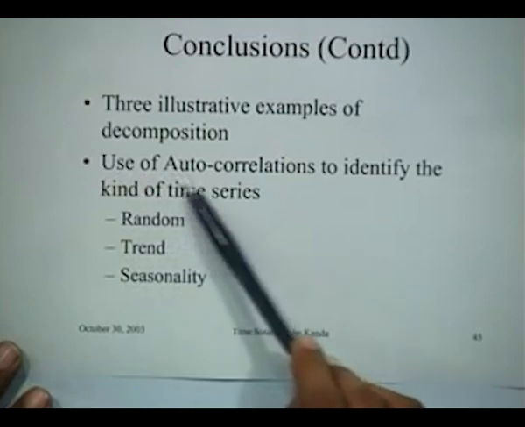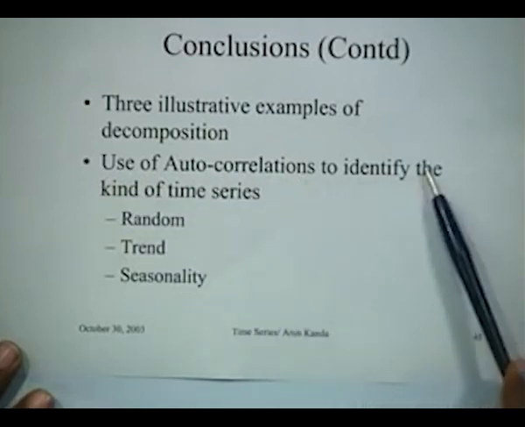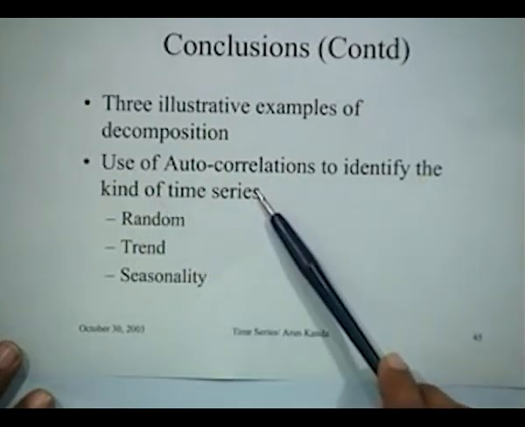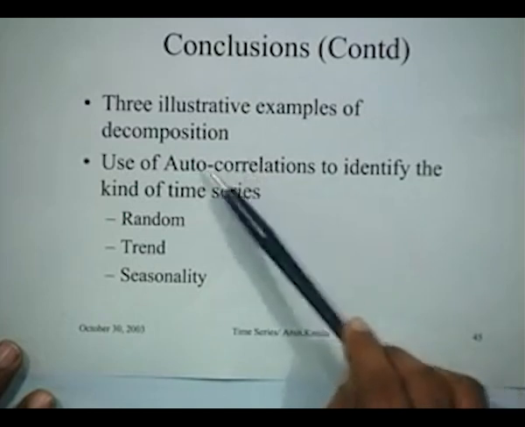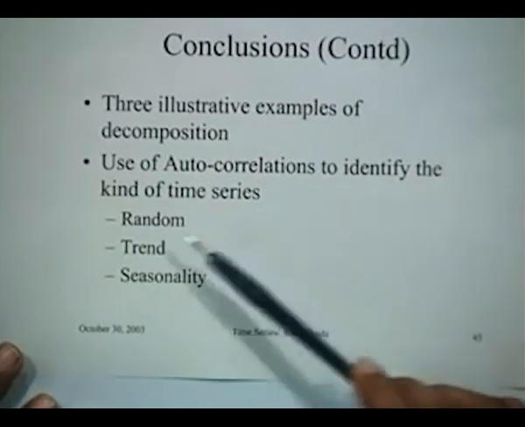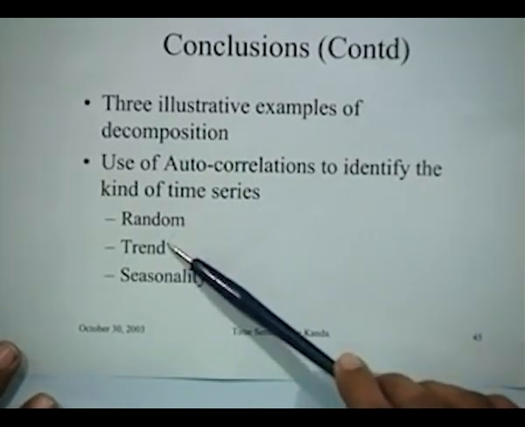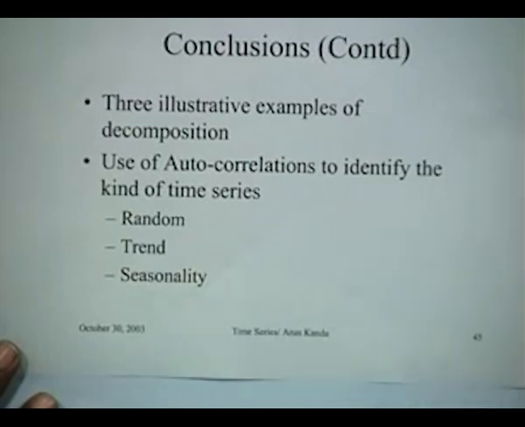And finally we saw that autocorrelations could be used to identify the kind of time series, and depending upon the behavior of the autocorrelations you could have a random or a trend or a seasonality factor, which could in fact be looking into the various aspects of this. So with this we conclude our discussion on forecasting methods.